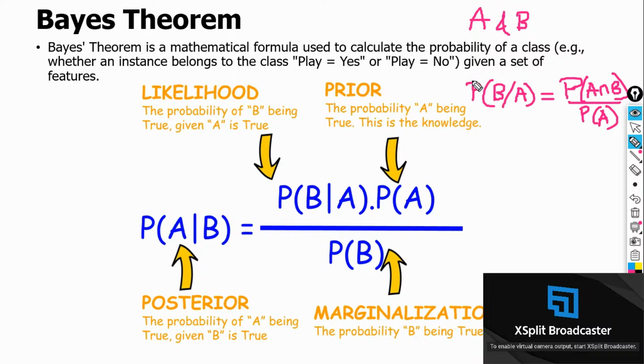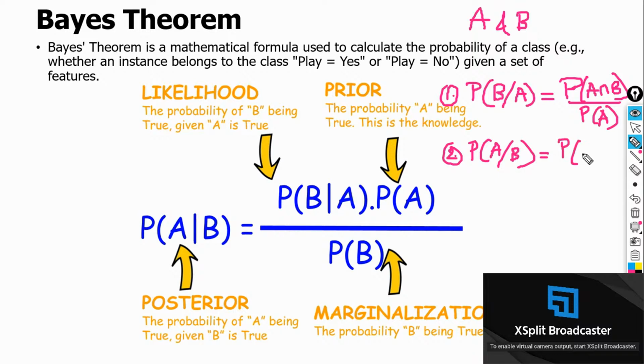I'll change my statement. In the previous case, we were calculating the probability of B given A, meaning event A has already occurred. But this time, I want to calculate the probability of A given B. That means event B has already occurred. Then what will be my formula?